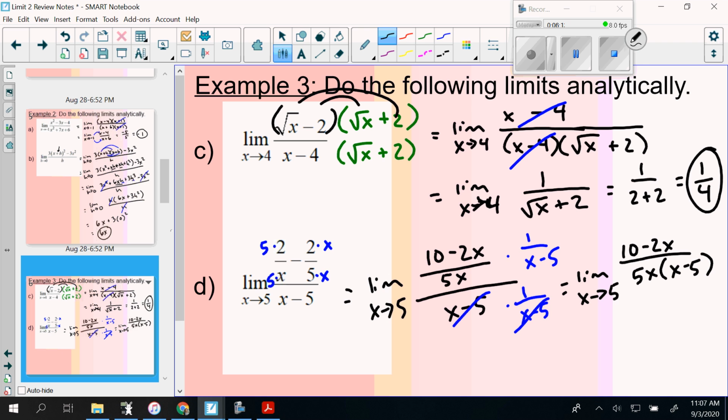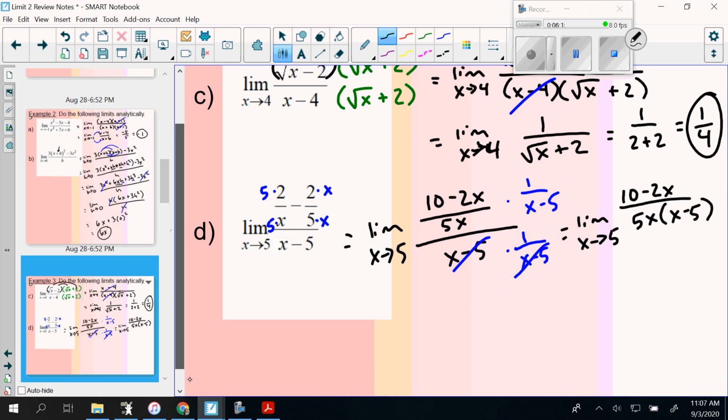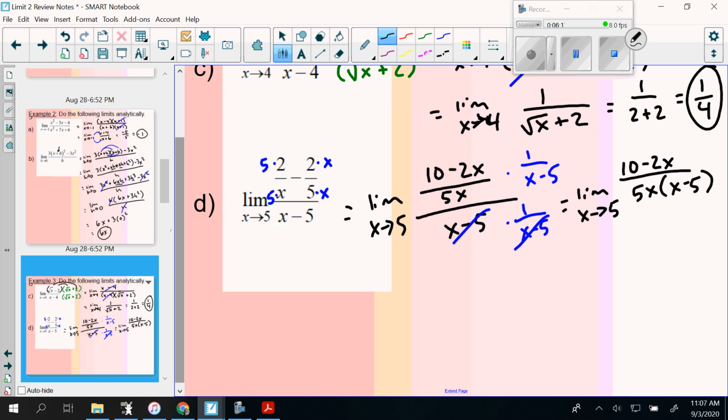Well, what can we simplify here? Well, it's a little harder to see, but the top of this does factor. What can we factor out of that top? It looks like we can factor out a 2. So I'm going to factor out a 2. And now we're close.